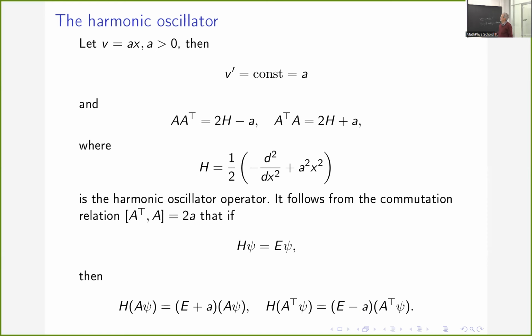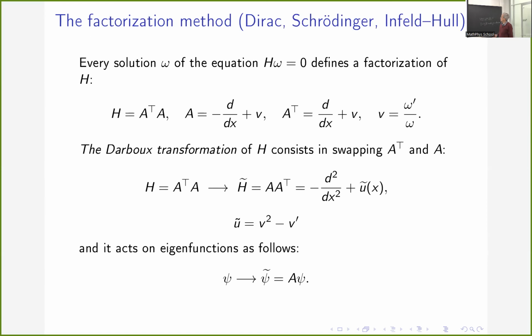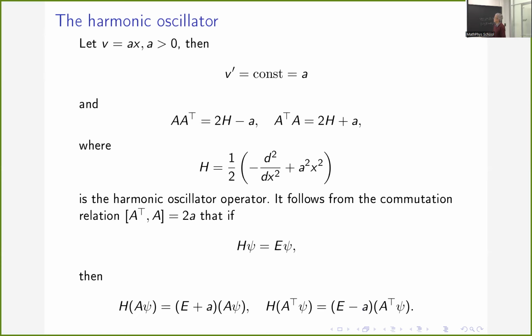Then I have to write down that U is V squared plus V prime, and U tilde is V squared minus V prime. So we just extract from the previous potential V prime multiplied by 2. What is this? This is a shift by a constant.